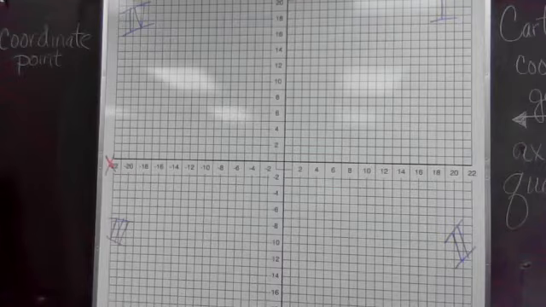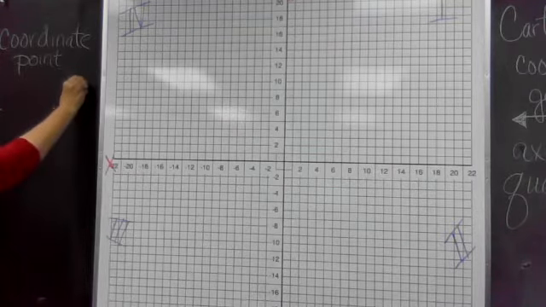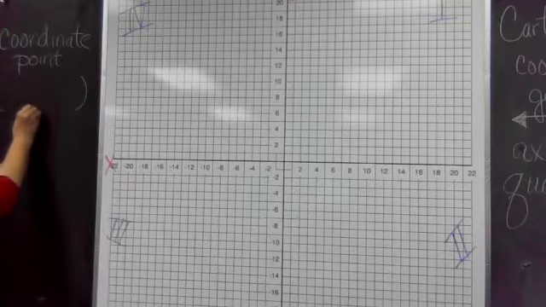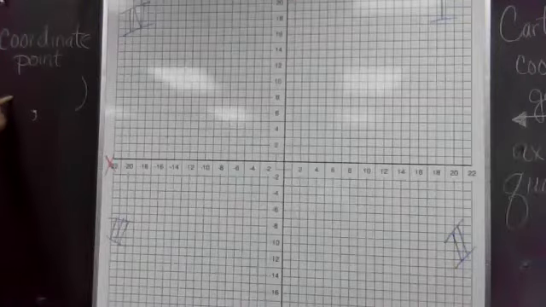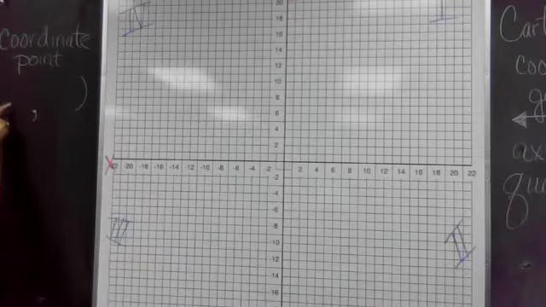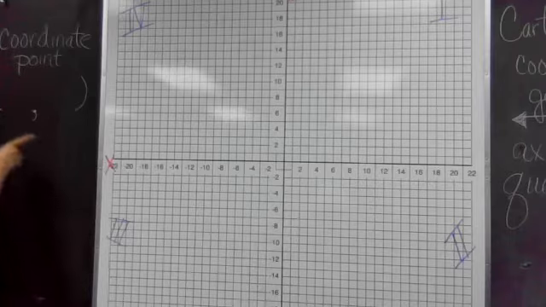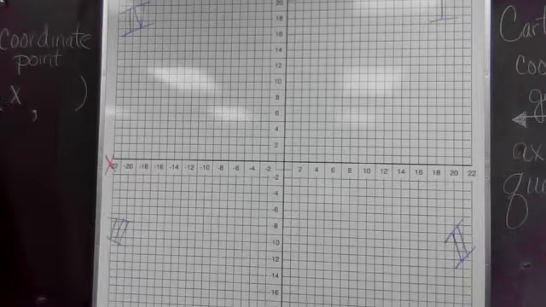And the coordinates, okay, the address looks like this. It will always be in parentheses with a comma. And the value that's in the left-hand side will always be how far you traveled on the x-axis. Okay, it'll always be the x value.